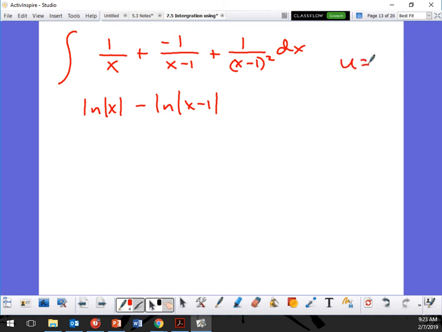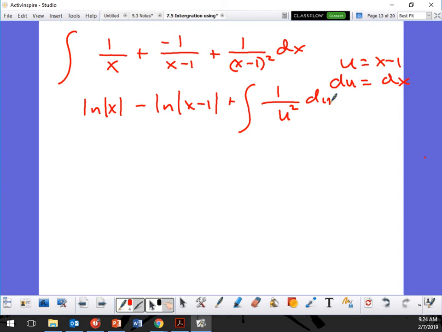So u is equal to x minus 1, so du is equal to dx, right? So this is the integration, so plus integration of 1 over u squared du. So bring that up, add 1, so that'd be -1, right?